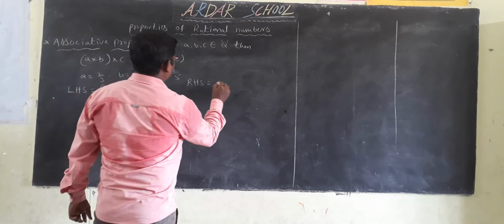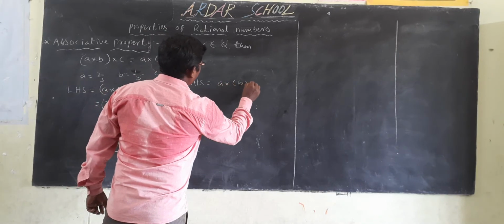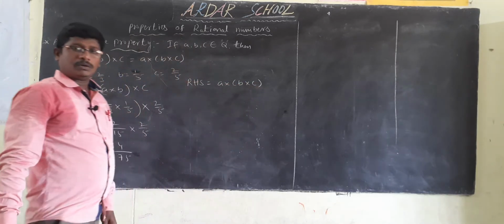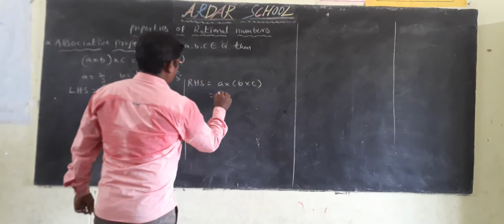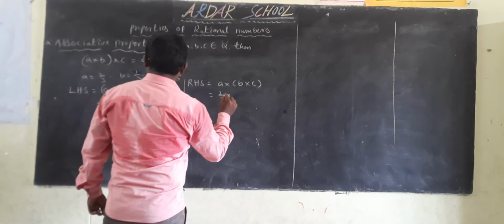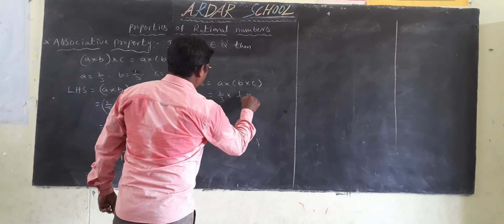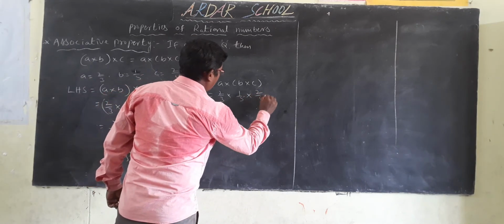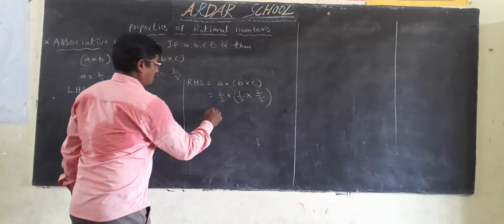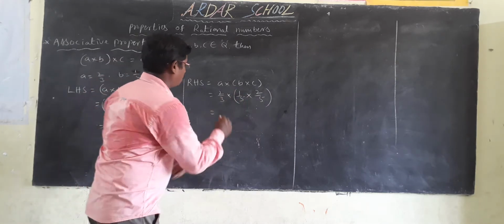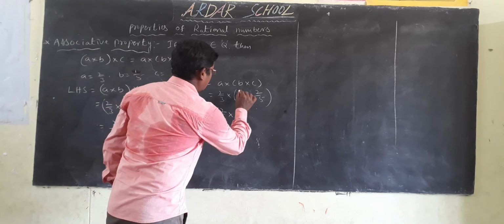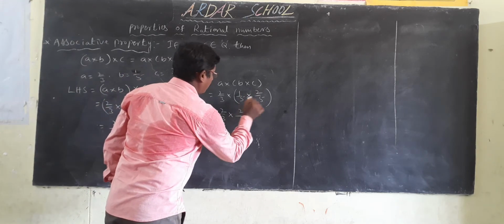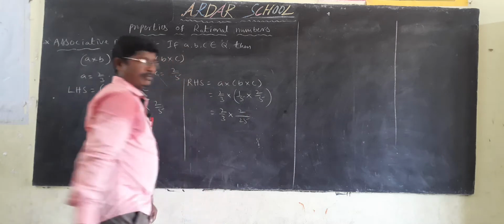RHS is equal to a into b into c. a is 2 by 3 into b is 1 by 5 into c is 2 by 5. First do these two: 2 by 3 into, here 1 2s are 2, by 5 5s are 25.